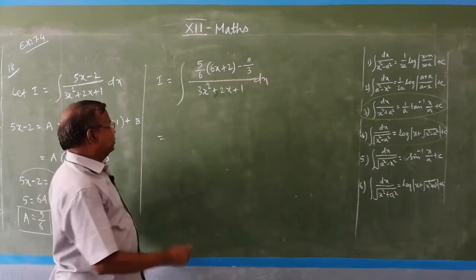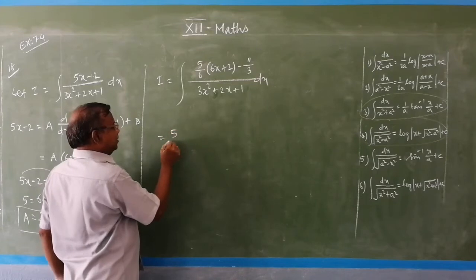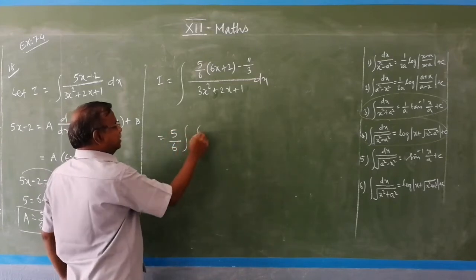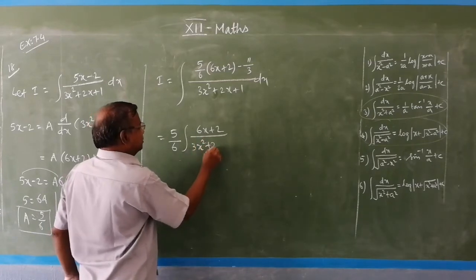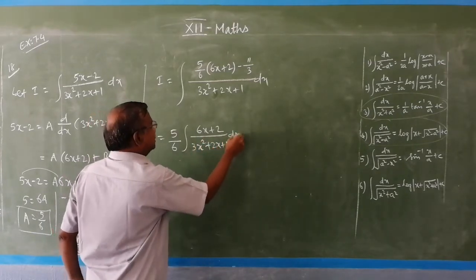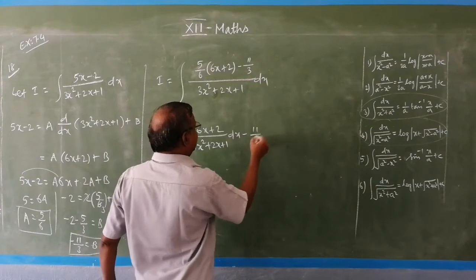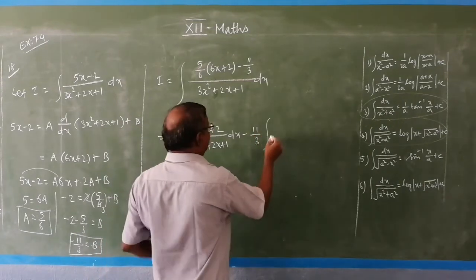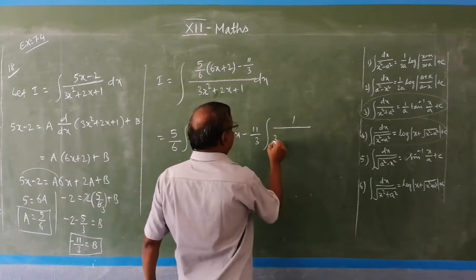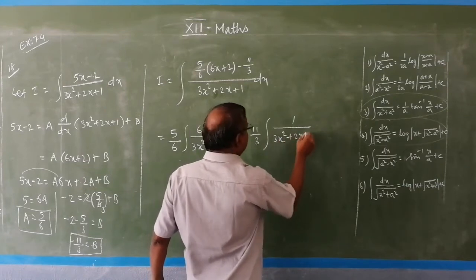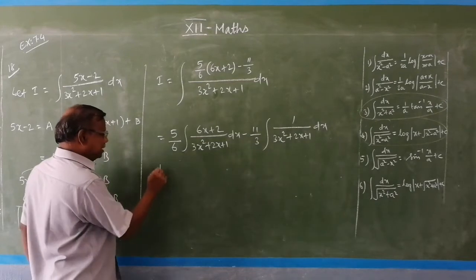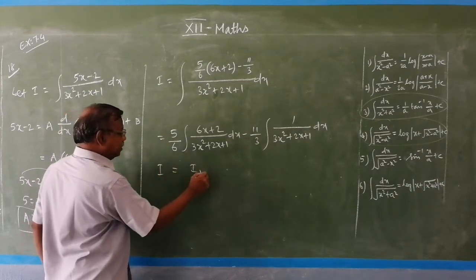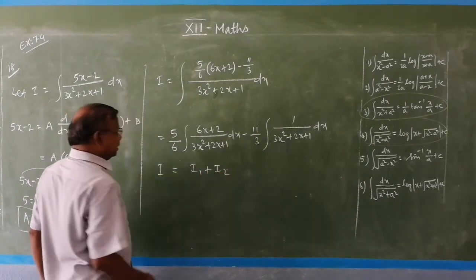So we can split into two terms. The first one is 5 by 6 integral 6x plus 2 divided by 3x square plus 2x plus 1 into dx, minus 11 by 3 into integral, the second part, 1 by 3x square plus 2x plus 1 into dx. So let us consider this as I equal to I1 plus I2.